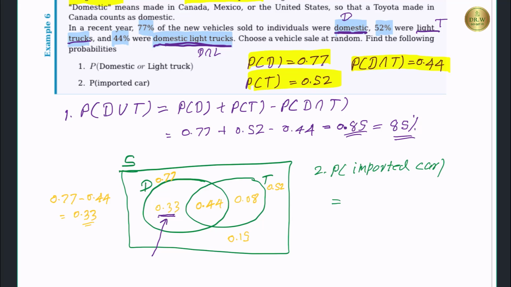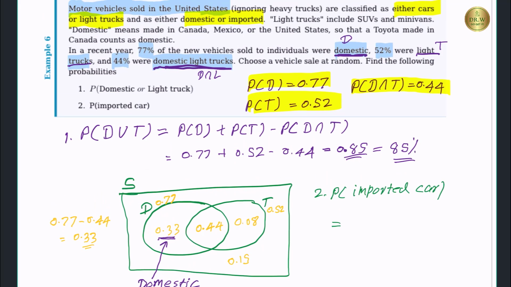D is the domestic. Therefore, this should be domestic, right? Because it is in the D. And also it is out of the light truck.